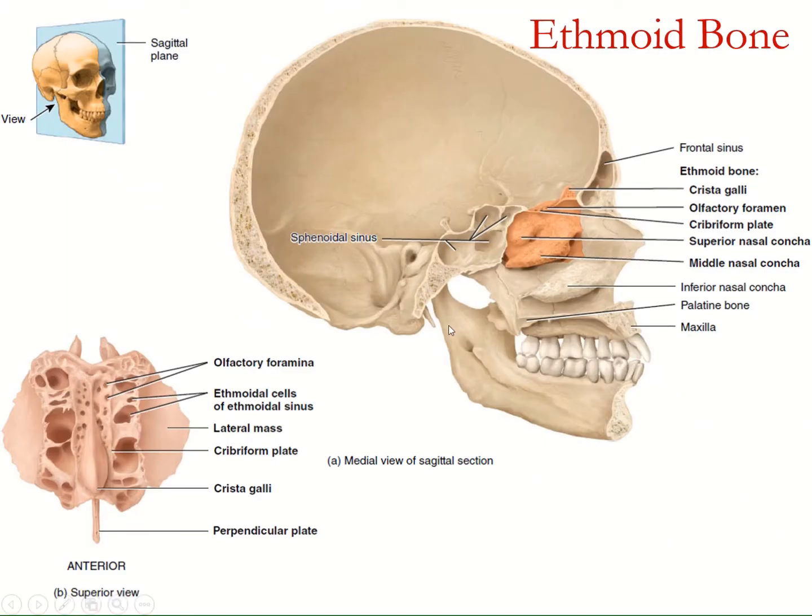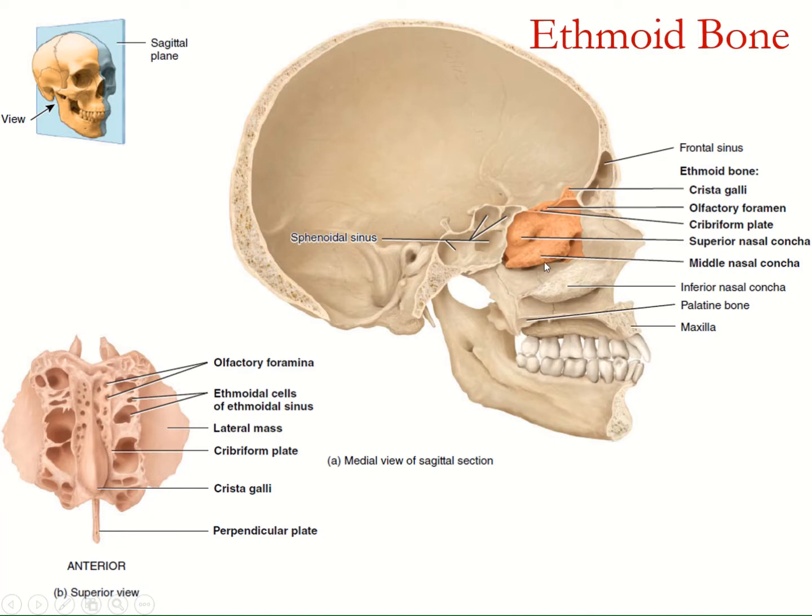So we have here the medial view of a sagittal section of the head, and let's pay attention to your ethmoid bone over here with the different structures of the ethmoid bone. So I just want you to take note of the ethmoid bone that is located deeper as compared to your superficial bones over here.